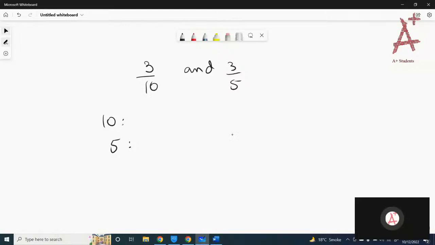For 10, they are 2 times 5, and for 5, they are 1 times 5. So 5 is the factor that is common. Write it once, and the other factors are 2 and 1. So just multiply them. 5 times 2 is 10. So the least common denominator is 10. Got it?